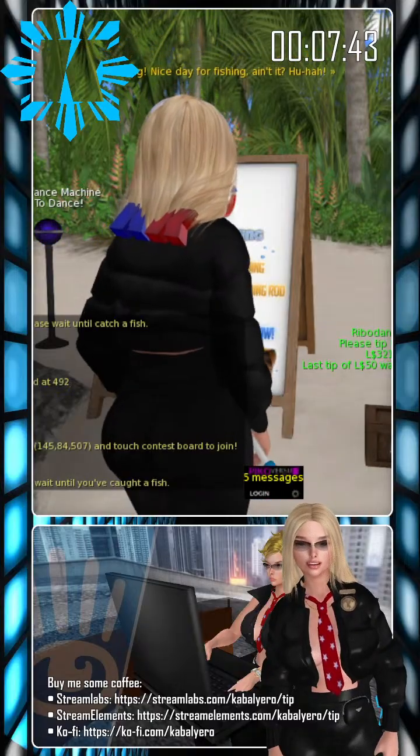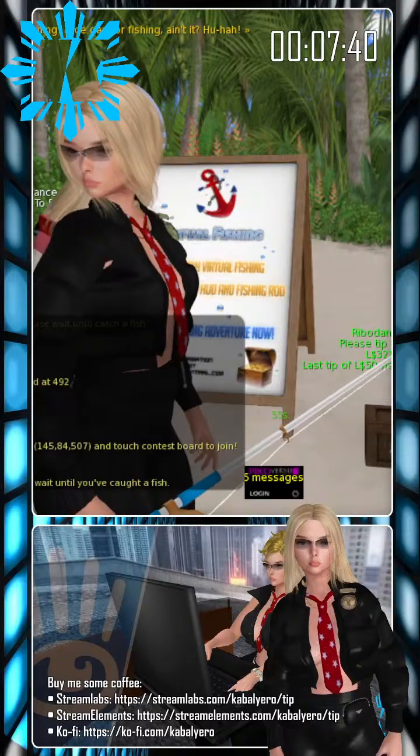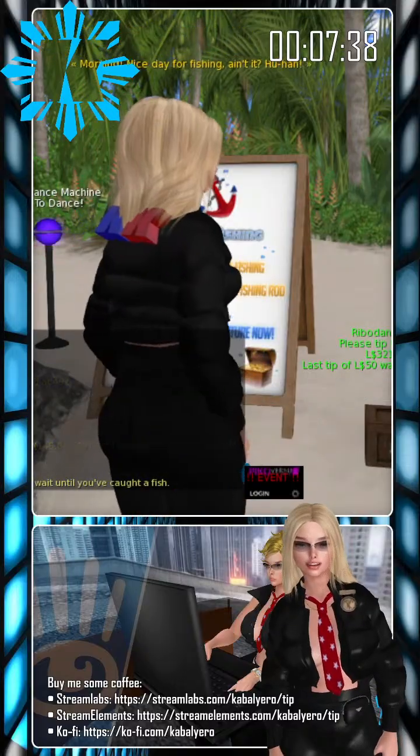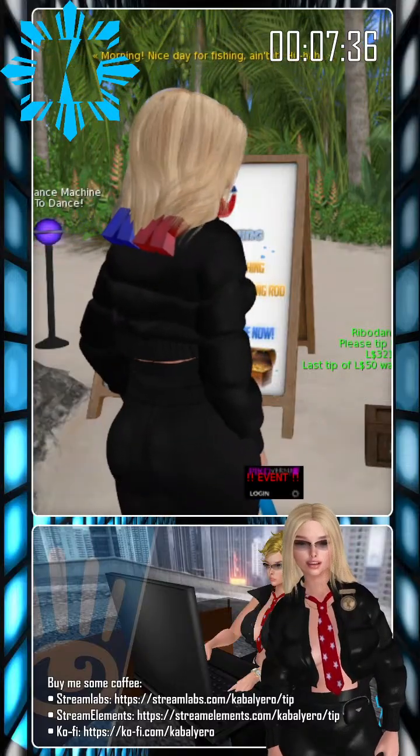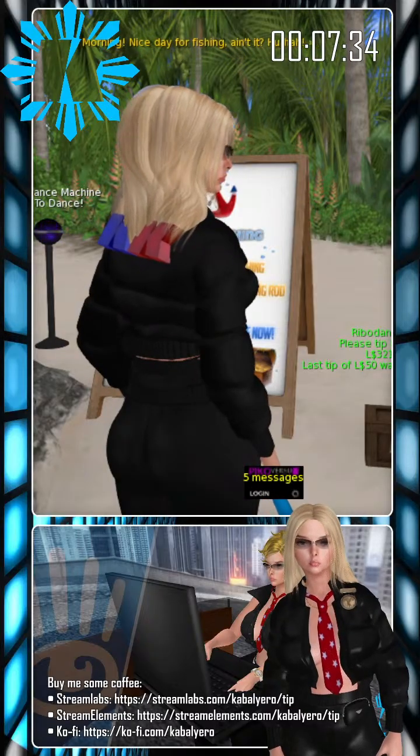Okay, down to the last 4 casts. Linden Dollars earnings at 18.9.